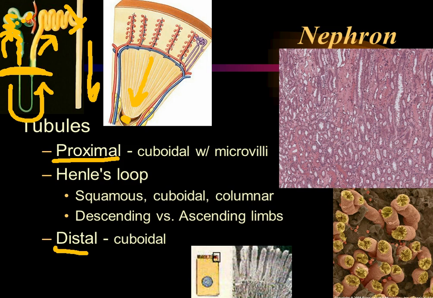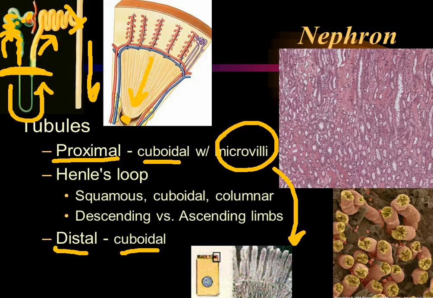So look at the tissue. Cuboidal, proximal and distal. Proximal has got tons of microvilli. You'll see that coming up when we get to it, and there they are right there, for surface area and absorption, because the PCT is where most reabsorption is occurring. Loop of Henle, you can see it's a smaller diameter.